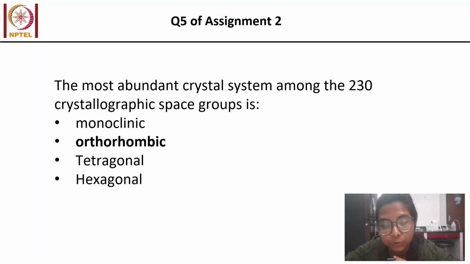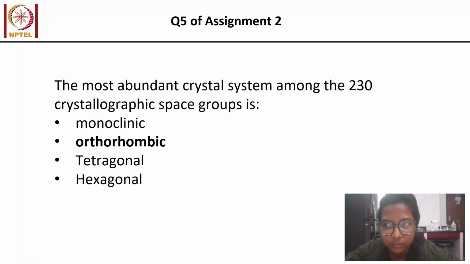Before that, we have the crystal systems. There are 7 kinds of crystal systems. We have the triclinic, where we have the lattice parameters a, b, c and the angles alpha, beta, gamma, all distinct from each other, none equal.